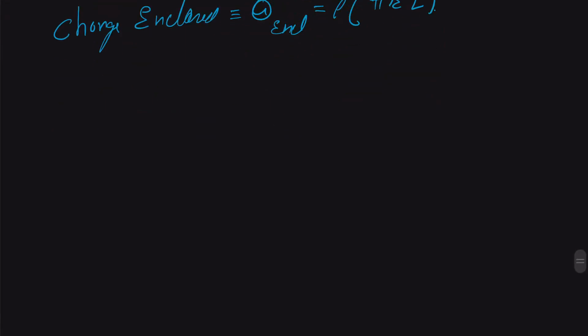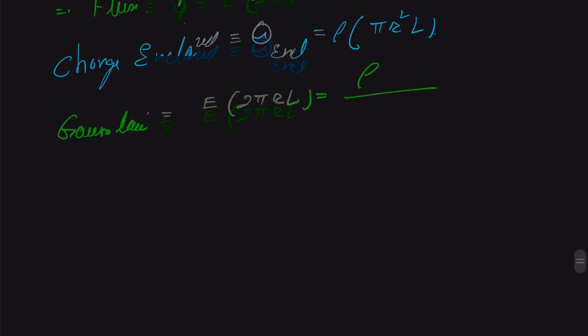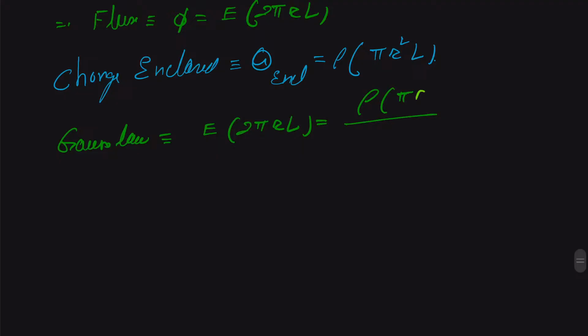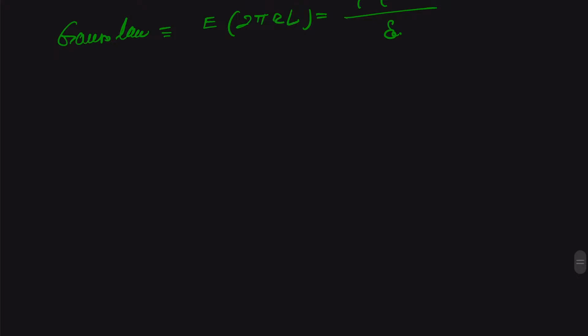Now Gauss law gives us that the electric field E times 2 pi r L will be equal to the charge enclosed, which is rho pi r square L divided by epsilon naught. So this gives us that the value of the electric field is equal to rho r upon 2 epsilon naught.